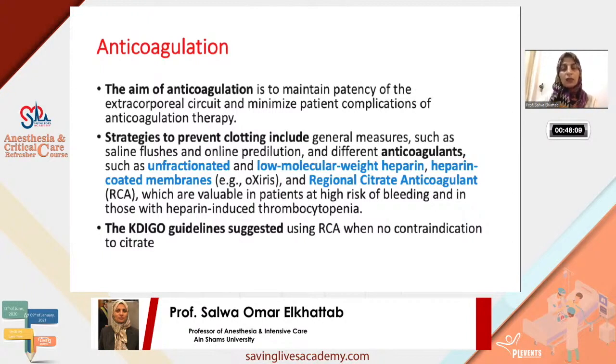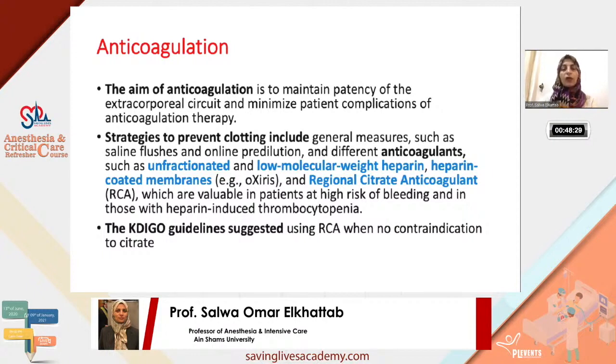And this is loss of blood, loss of resources. It aims to keep the dialyzer patent, prolonging the lifespan of the dialyzer while we are dialyzing the patient continuously over 24 hours.